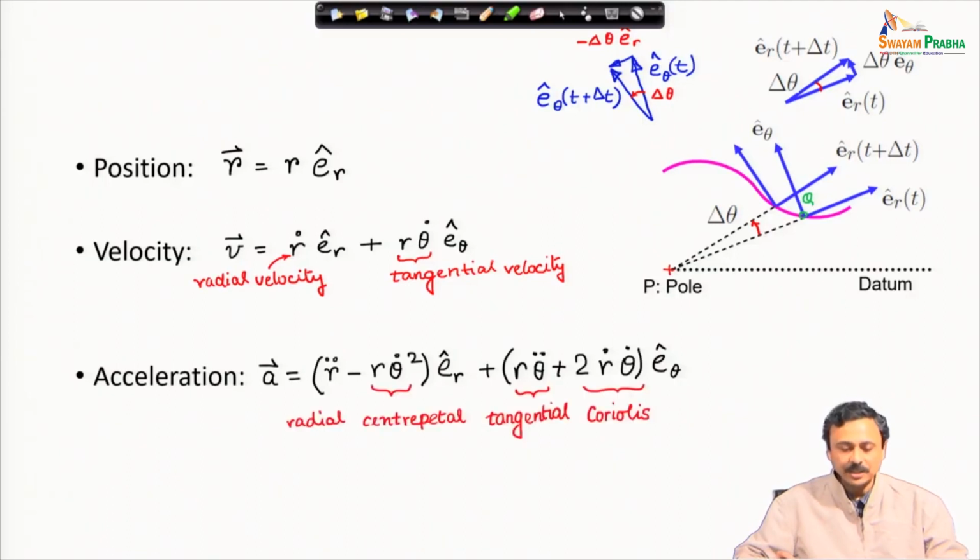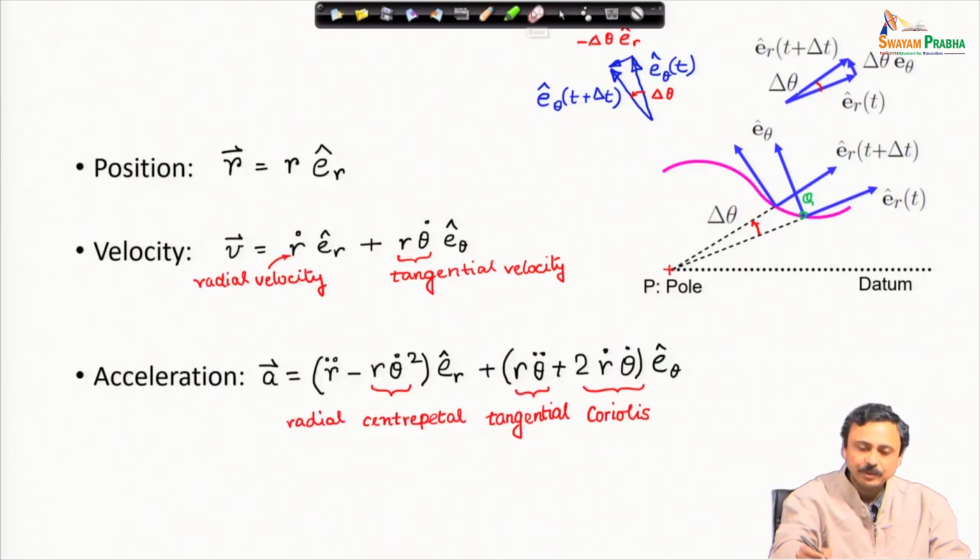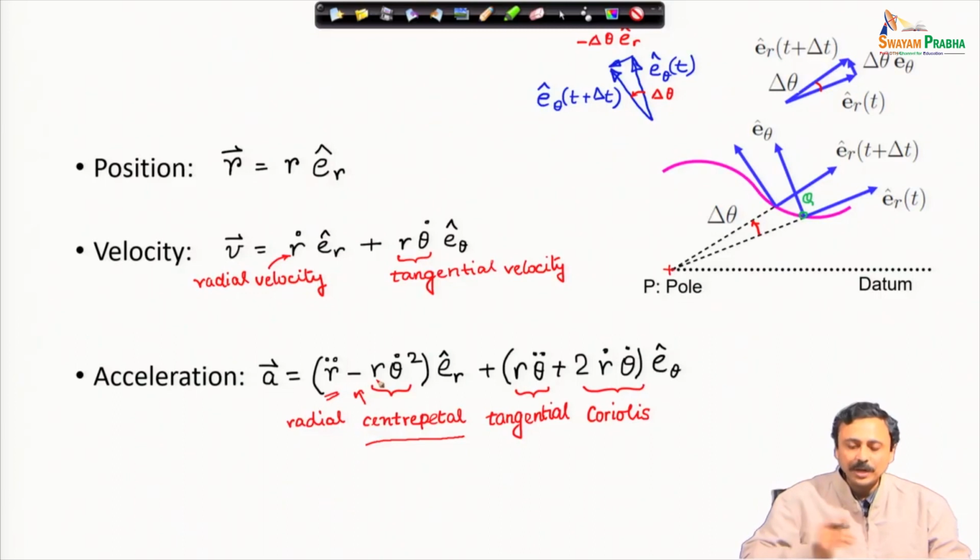Whereas, in the acceleration, we have these 4 terms. The first term is the radial acceleration, we will call it the radial acceleration r double dot. So, rate at which the radius is changing, this one. Centripetal acceleration, now that comes with a negative sign, which means it is towards negative e_r.